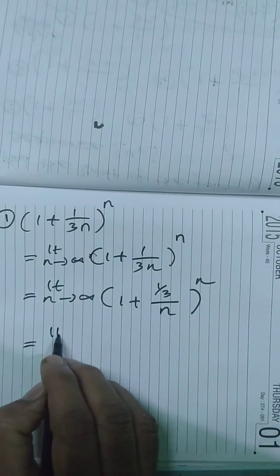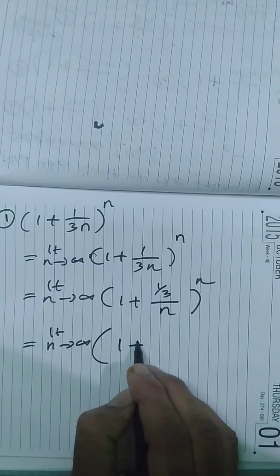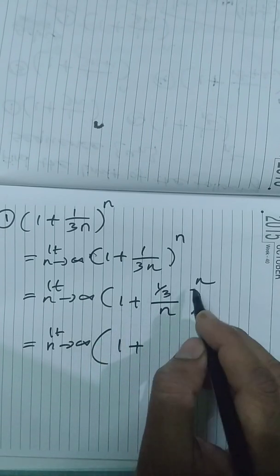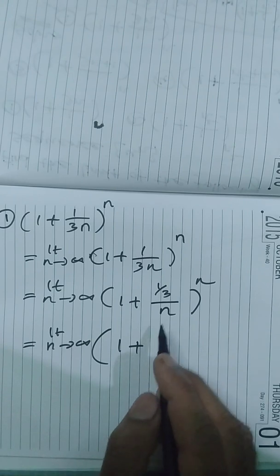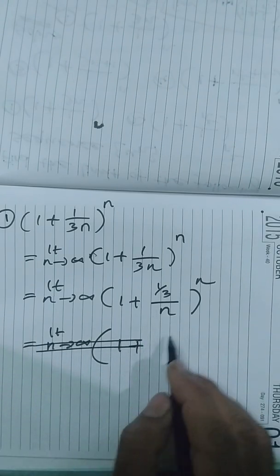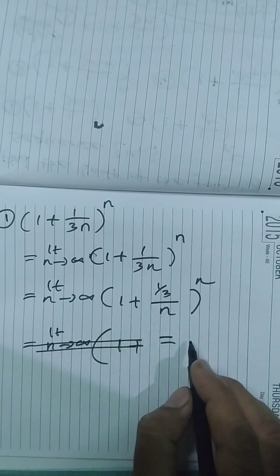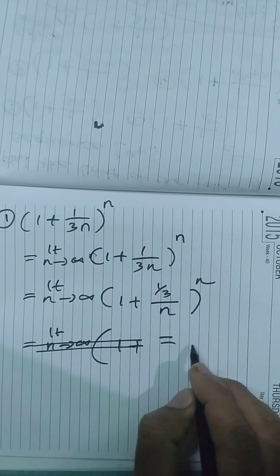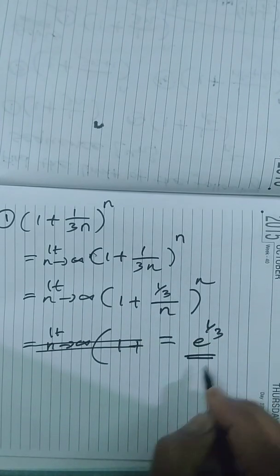Now this is the form of (1 plus k by n) whole power n. So immediately we can write the answer, the solution of this: the limit of this sequence is e power 1 by 3.